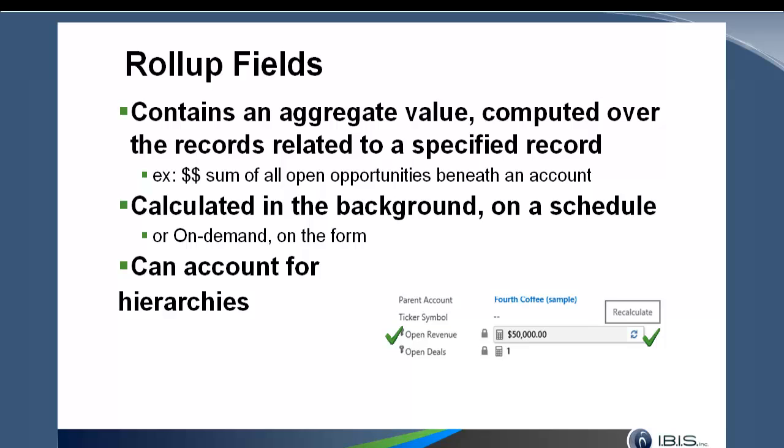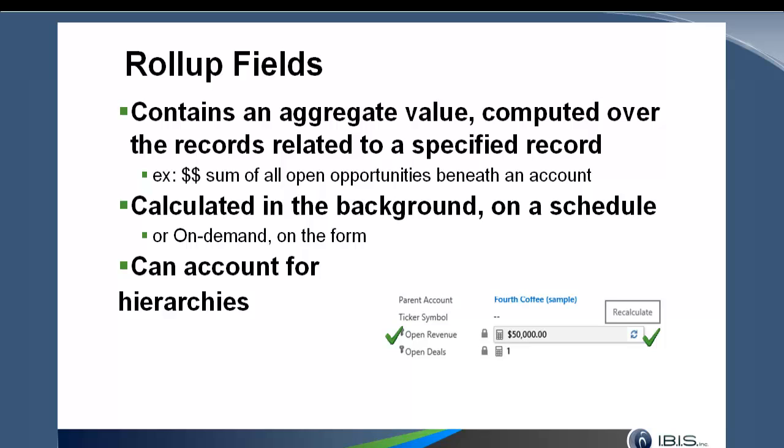A neat thing about these roll-up fields is they can account for all those new hierarchies scattered throughout CRM. So for this screenshot, for example, there's one open deal constituting $50,000 of open revenue.